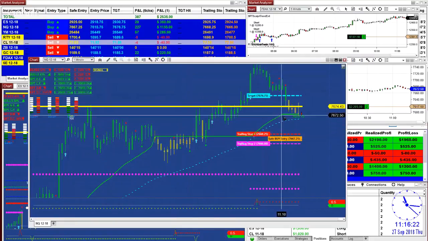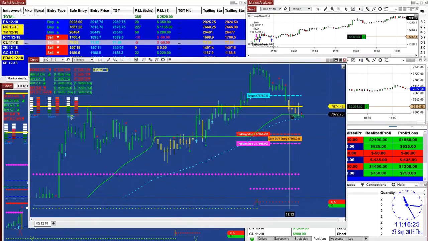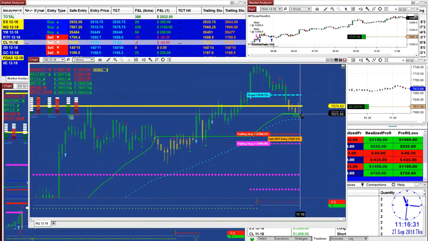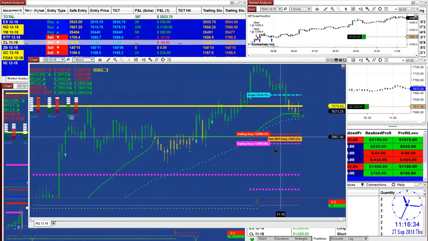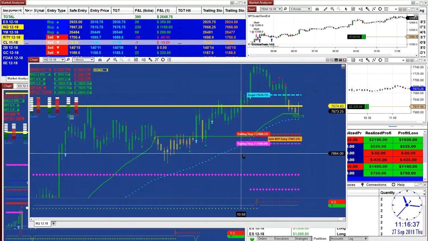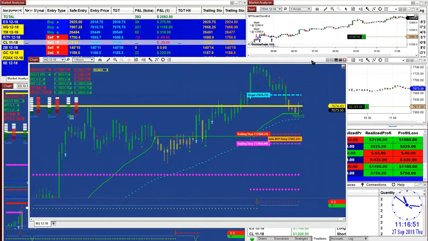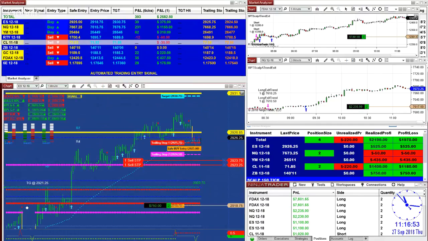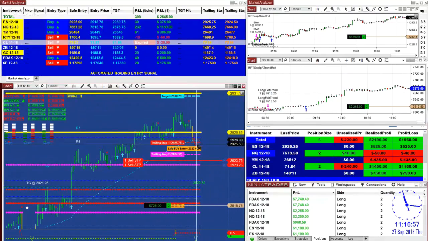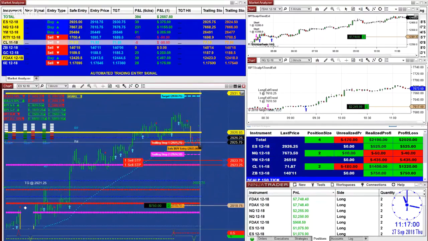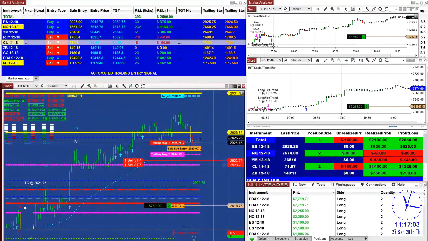But this is our level right now on the Nasdaq, 767275. And this is exactly where it's holding, at that number. You see that? Same story on the ES, it is holding those areas here.